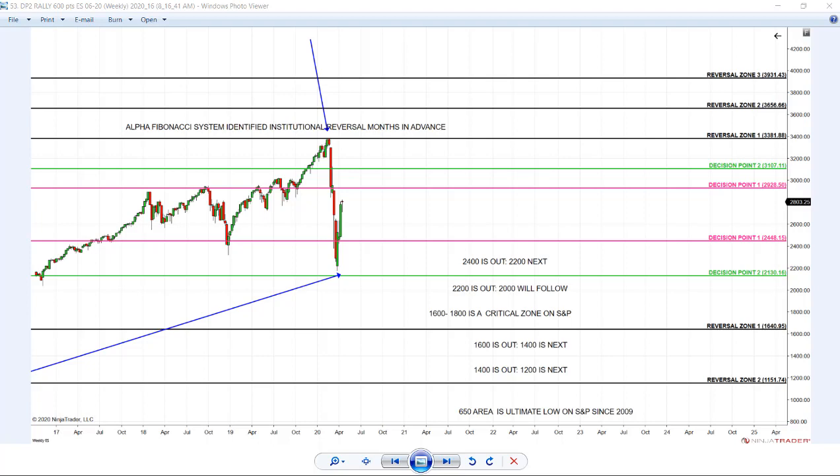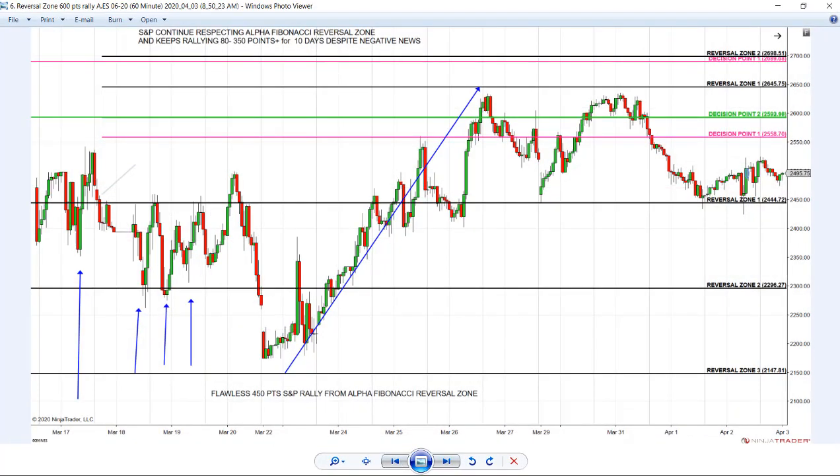You are riding institutional power. This was institutional buy point, 2150, 2200, 2300, 2400, while country and world is in lockdown.